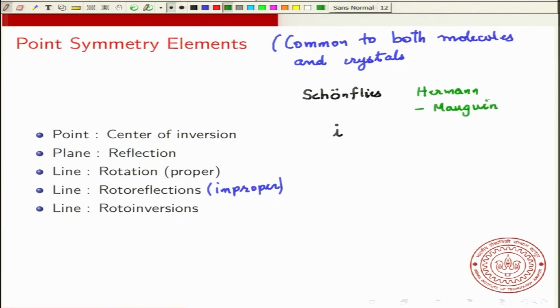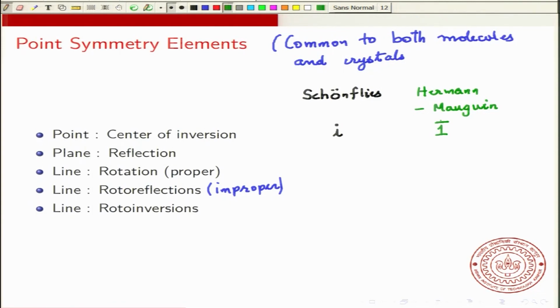In this notation, the operation of inversion is referred to as 1 bar.